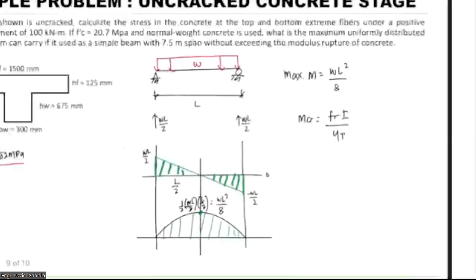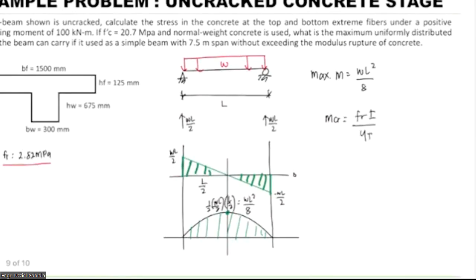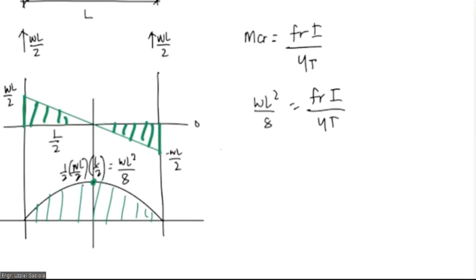So equating these two, we have WL squared over 8 is equal to FR I over YT. Retaining the W part on the left side, we have 8 FR IG over YT, or Y tension, or Y bottom, L squared.